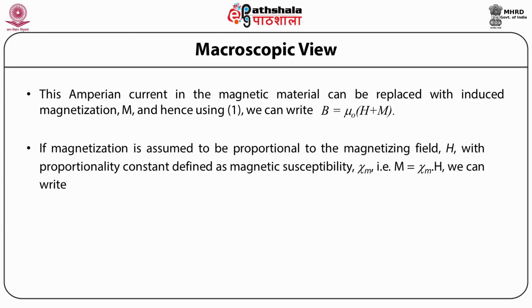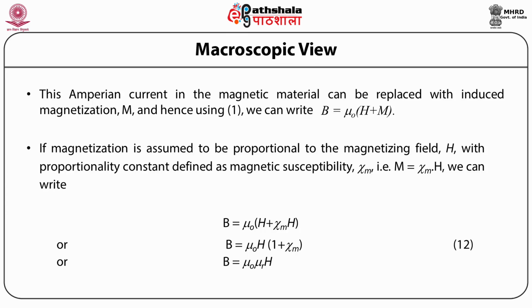If magnetization is assumed to be proportional to the magnetizing field H with a proportionality constant, which is defined as magnetic susceptibility, that is chi m, M is equal to chi m multiplied by H. Hence, we can write B is equal to mu naught bracket H plus chi m H, and taking H common, B is equal to mu naught H multiplied by 1 plus chi m.